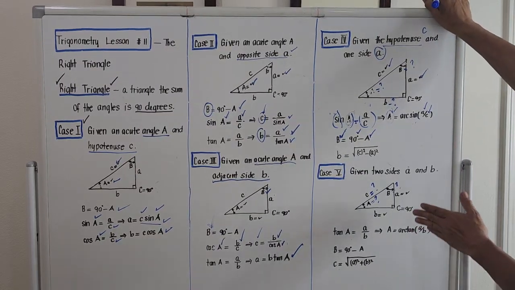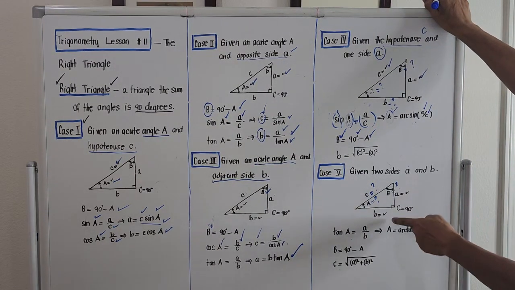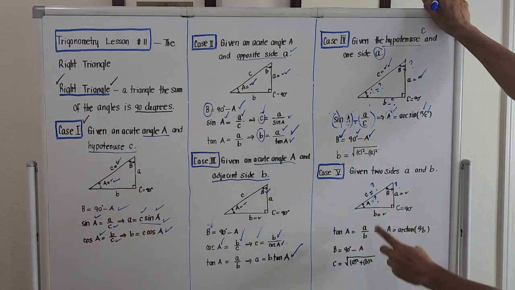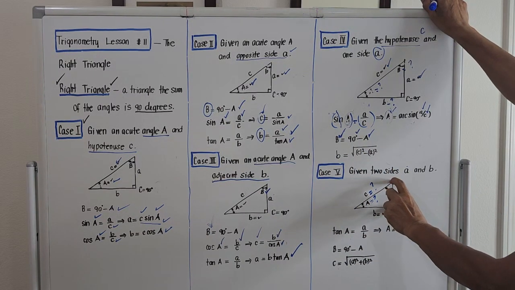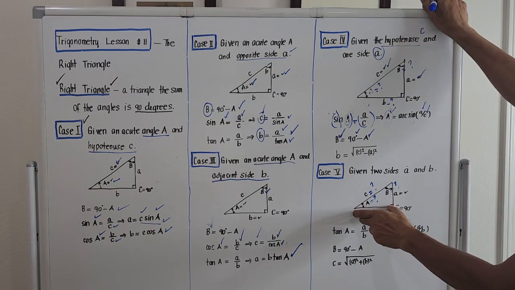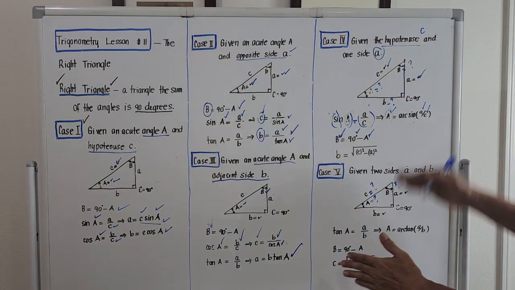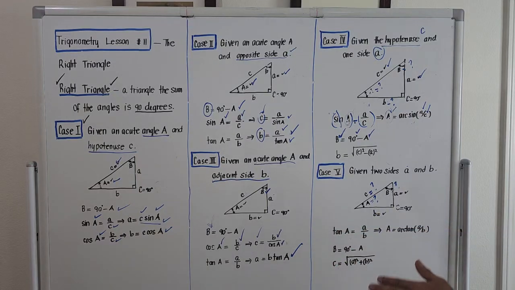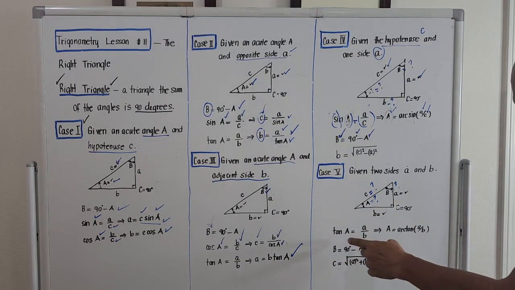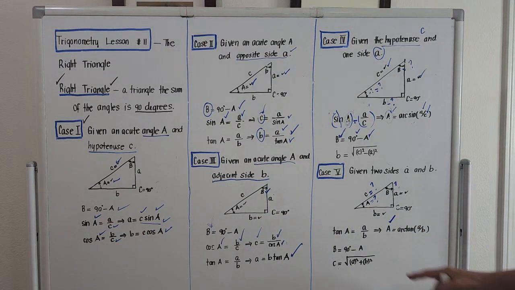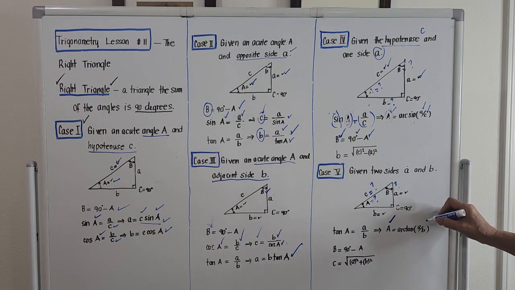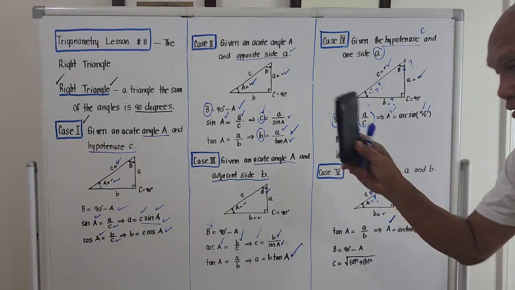Okay, the relationship of A and B, considering angle A, will be tangent. The tangent of this angle here will be the ratio of A, its opposite side, over its adjacent side. That is tangent A. And taking the arctangent of both sides, the arctangent of tangent of A will just be simply A. And the arctangent of the ratio A over B. There is an arctangent here.